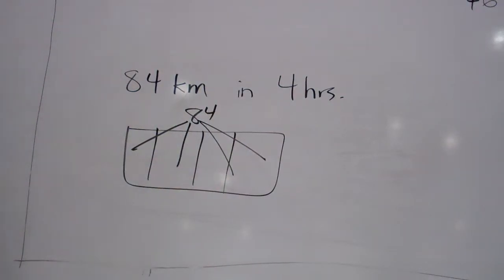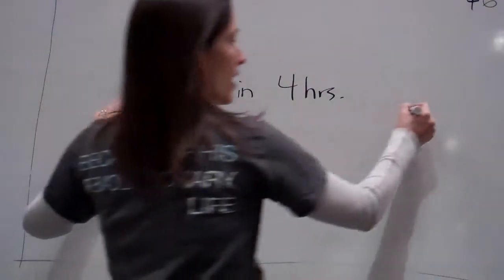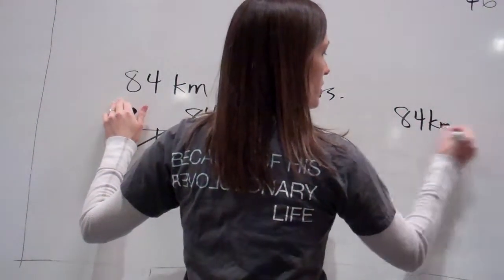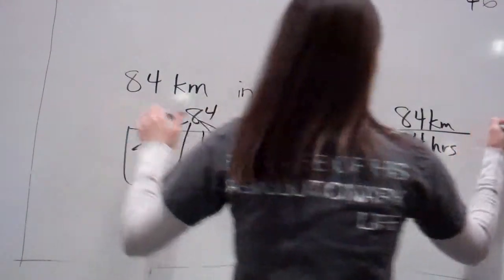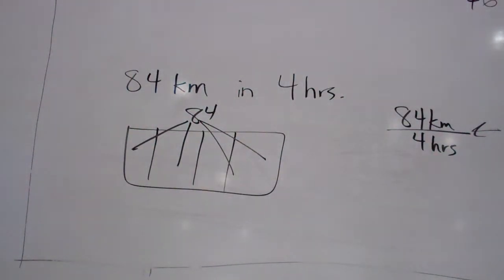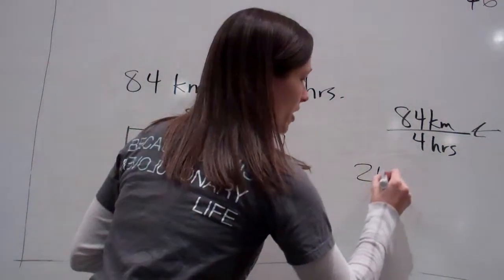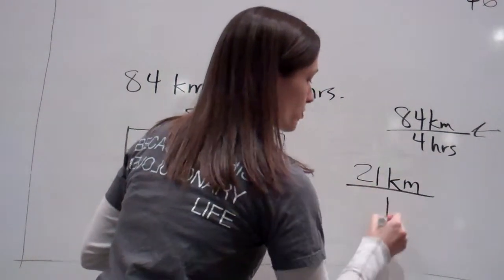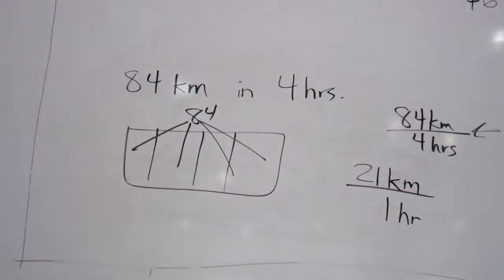Does everybody see how that worked? So how we would actually do this is we would say he goes 84 kilometers per 4 hours. There's that per word. And if I did 84 divided by 4, I would find that he would go 21 kilometers per 1 hour.